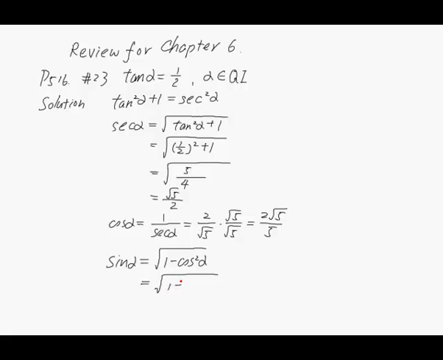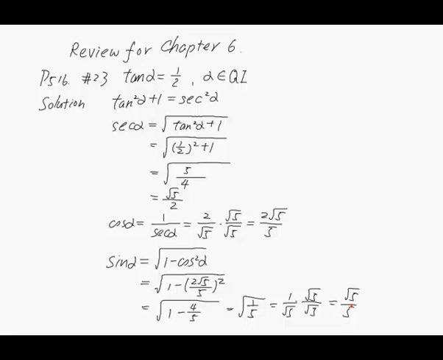We have 1 minus the square of 2 times root of 5 over 5. Then this is equal to 1 minus 4/5. So this is equal to square root of 1/5. And this is equal to 1 over square root of 5, you rationalize, then you get root of 5 over 5.